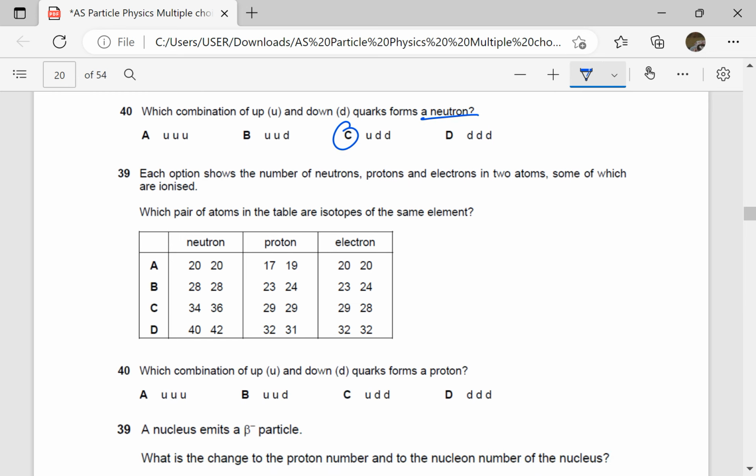Each option shows the number of neutrons, protons, and electrons in two atoms, some of which are ionized. Which pair of atoms in the table are isotopes of the same element? Same element, they should have the same proton number.